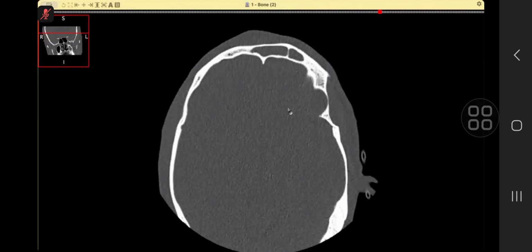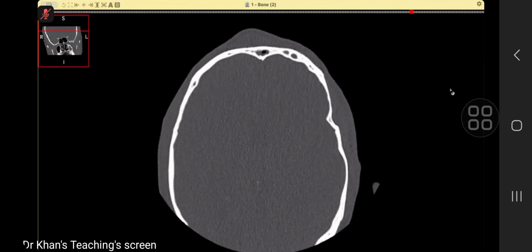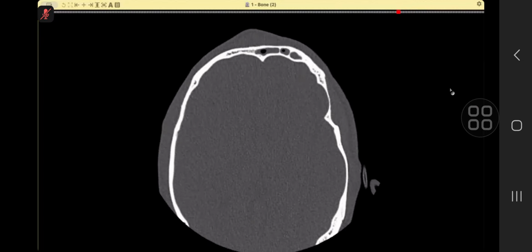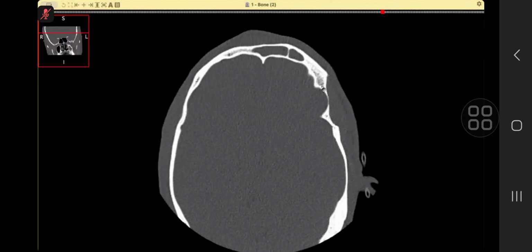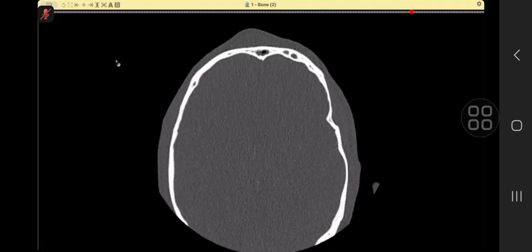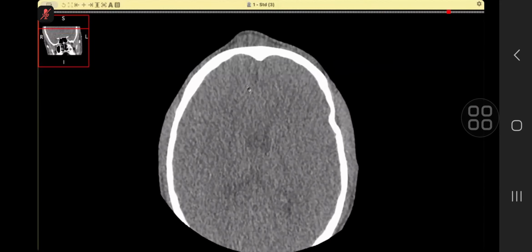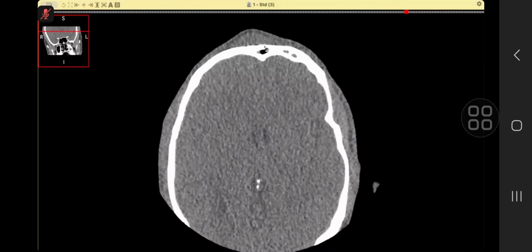So, madam, what do you think is here? You know, I told you the history of the patient. The patient, other than being very acutely unwell, has got a frontal swelling. Okay, so this frontal swelling appears as a soft tissue swelling over the frontal, slightly hyperdense.